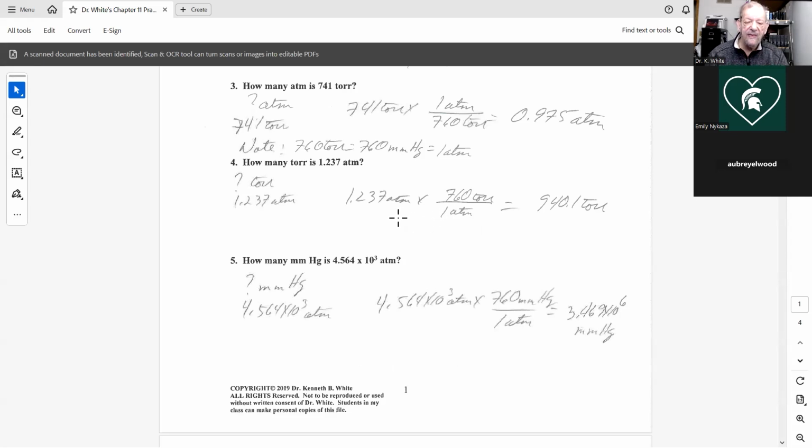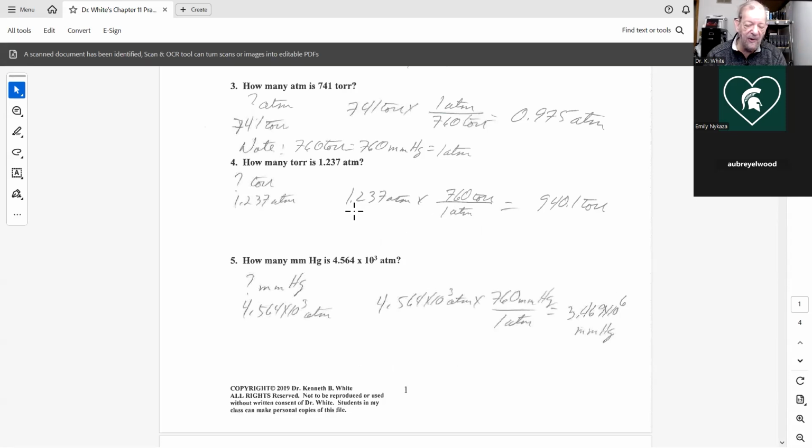Now, do the math. How many significant figures should your answer have? This number, 1.237, has 4 significant figures. 760 and 1 atmosphere are exact numbers, which don't play a role in determining significant figures.